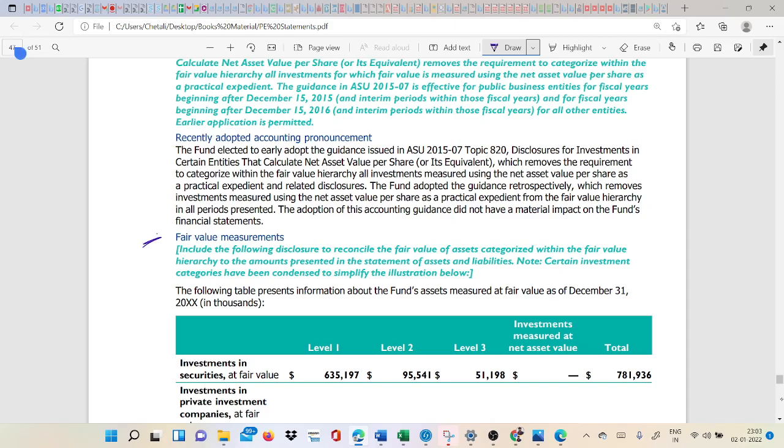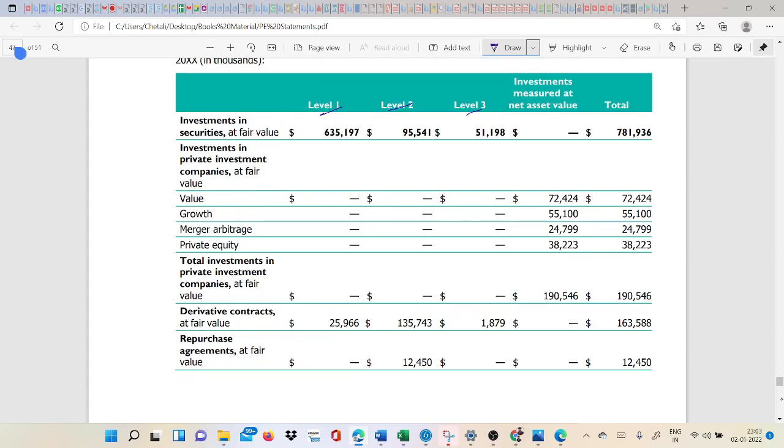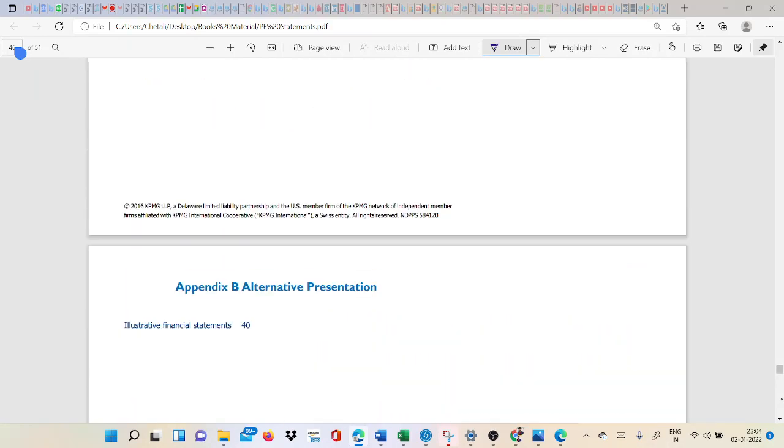That is a part you need to actually read about, because of the fair value measurement, how they do the fair value measurement. See the calculations, how they have calculated the net value, how they have calculated the fair value and all. Yes, I'll send it to you, because I'm just highlighting the things so you can read it accordingly.